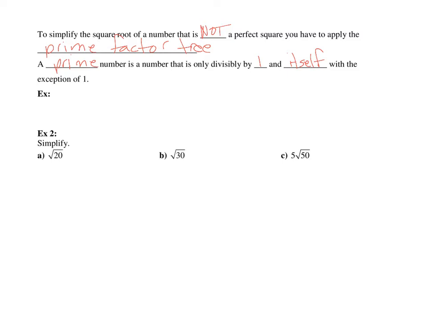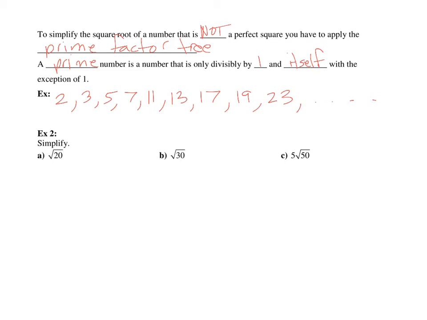So examples of primes would be, the first prime is 2. That number is only divisible by 1 and itself. The next prime is 3, then 5, then 7, then 11, then 13, then 17, then 19, then 23, and it keeps going forever.